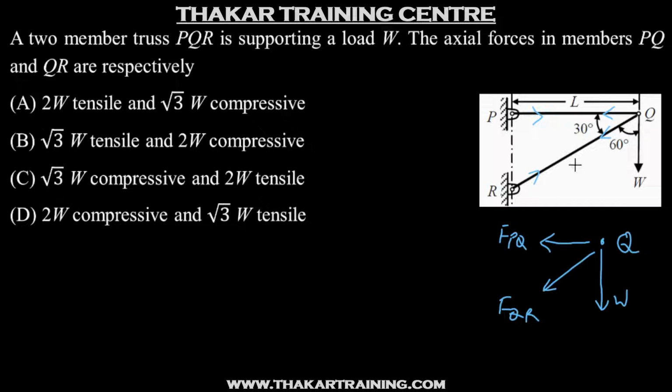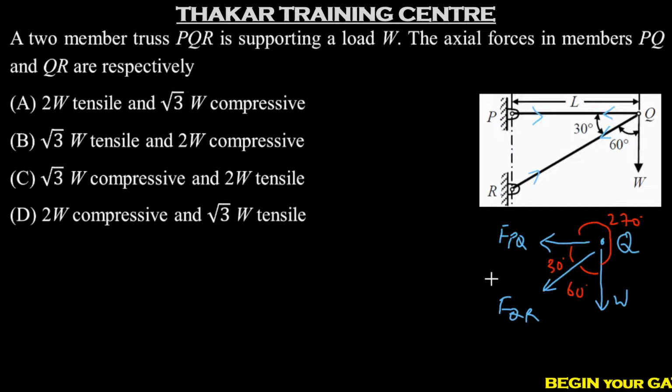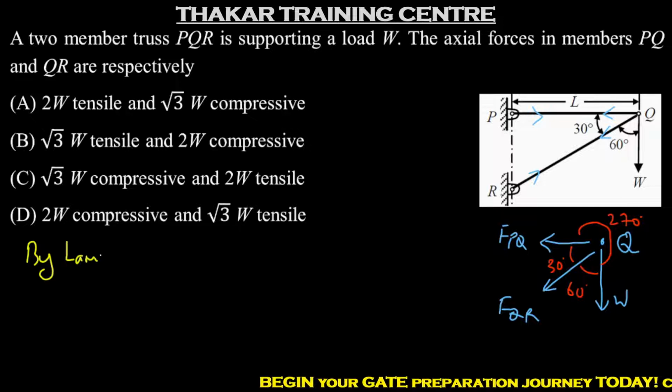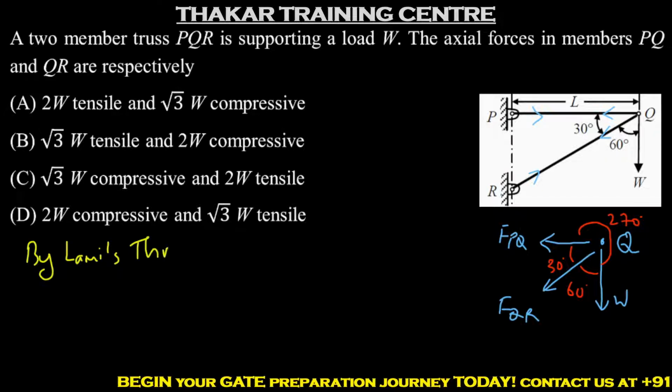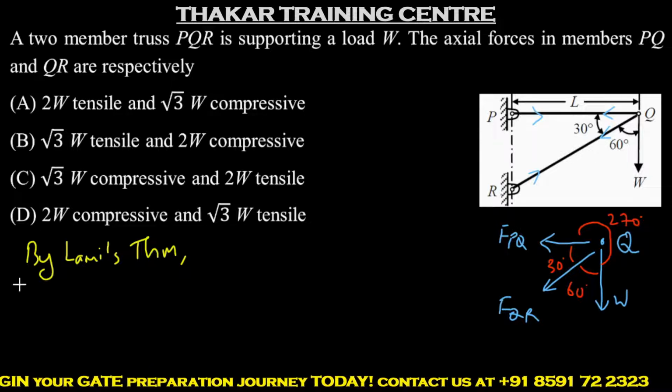Now the angles are already given. This is 30 degrees. This is 60 degrees. So the remainder will be 270 degrees. Now when we apply Lami's theorem, what are we going to have?